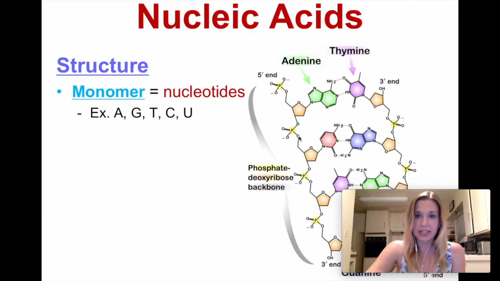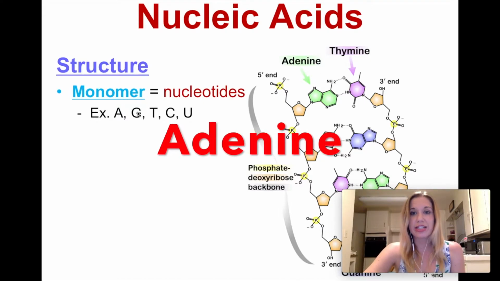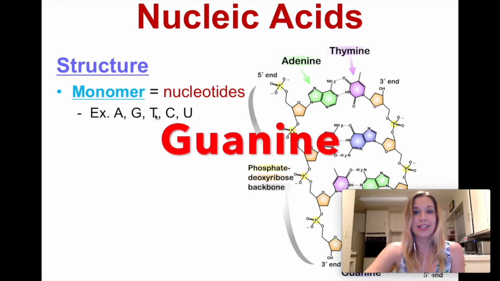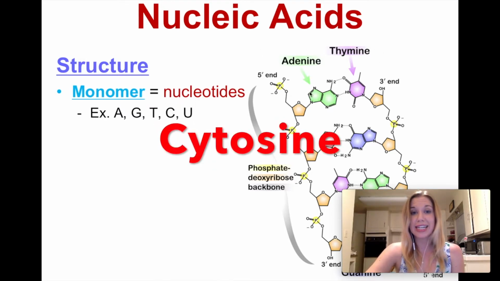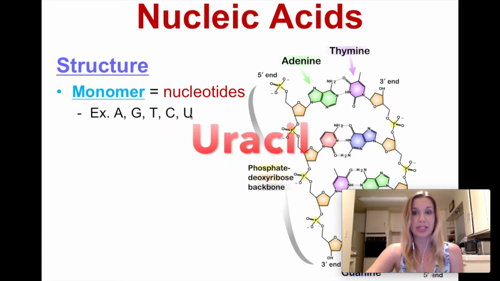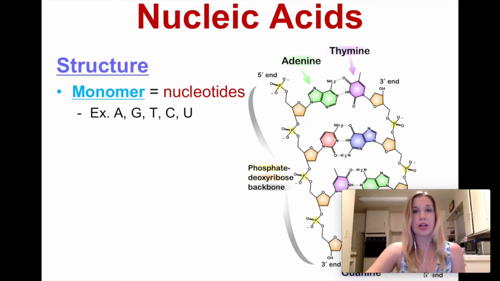This is what a DNA molecule looks like up close. A stands for adenine, G stands for guanine, T stands for thymine, C stands for cytosine, and U stands for uracil. I don't need you to memorize all of those just yet, but these nucleotides are the single individual units of the DNA molecule.